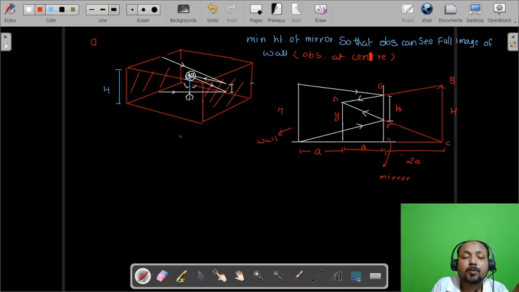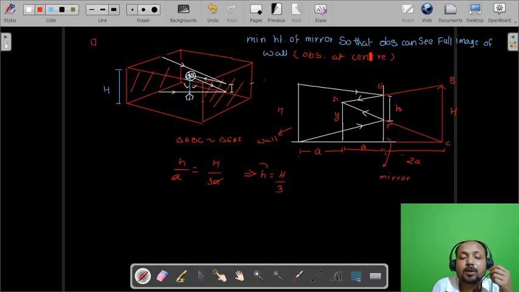So applying similarity, h upon a will be equal to how much? Capital H upon 3a. A will be cancelled out. This implies h can be given as H by 3.